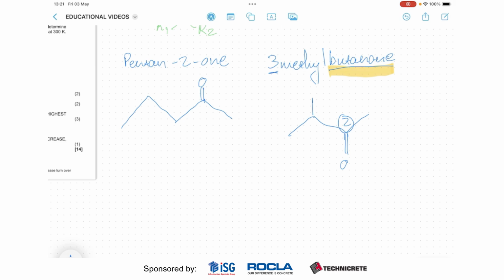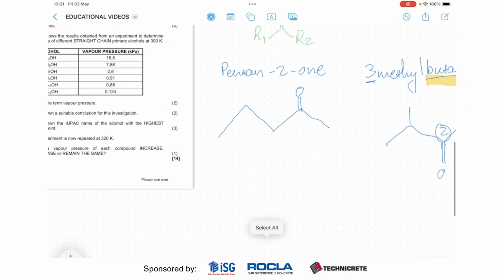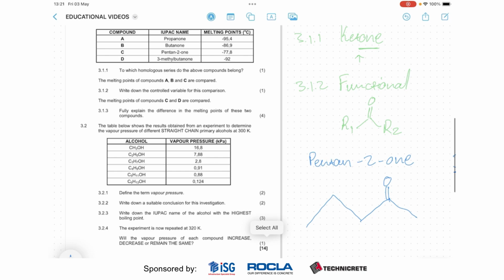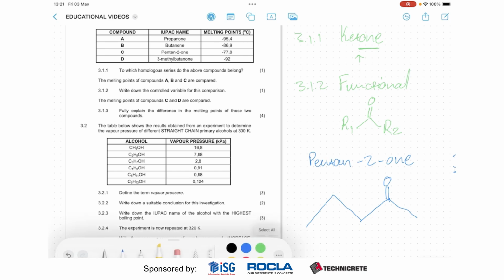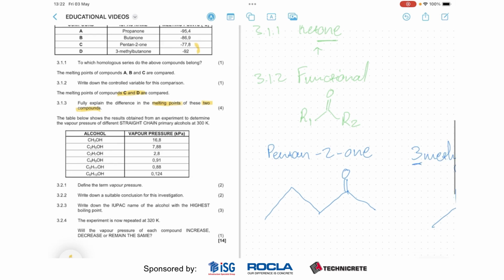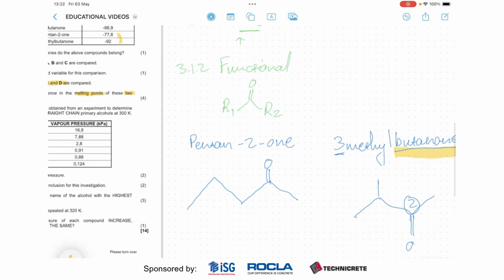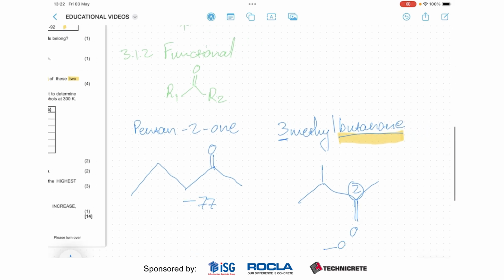Now the question is asking us to explain fully the differences in the melting points between these two compounds, C and D. We can see that compound C has a higher melting point of about -77, and this one is -92. So this melting point is higher. And why is that?